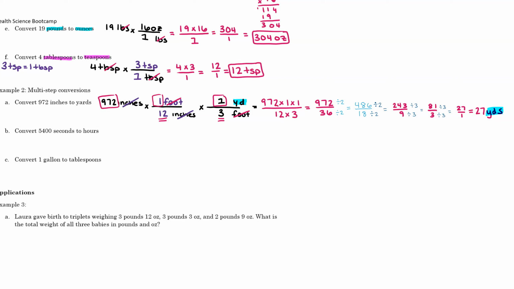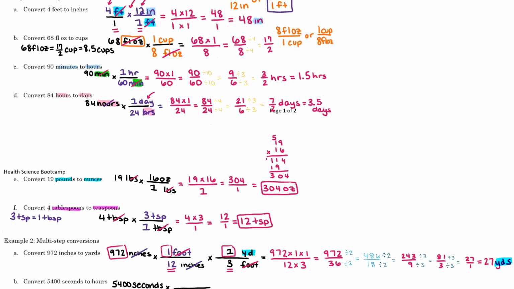Let's try another one. Convert 5,400 seconds to hours. So we're going to start with 5,400 seconds. And now to get rid of seconds, I need it on both top and bottom. So let's go up and look for a conversion that has seconds, hopefully to hours.